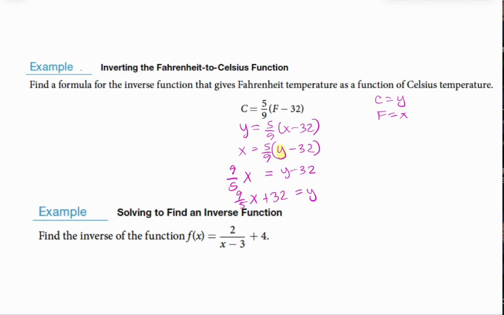So now we know that our inverse is going to be 9/5 x plus 32.